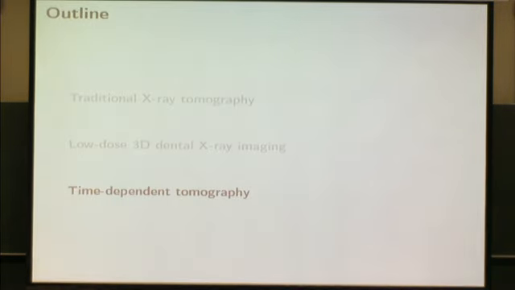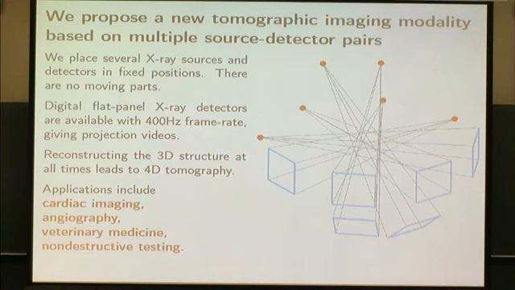Okay, so this time-dependent tomography started with the idea that after all these projects I described to you, we realized in my team that it is possible to do decent reconstructions from data taken only from few directions.